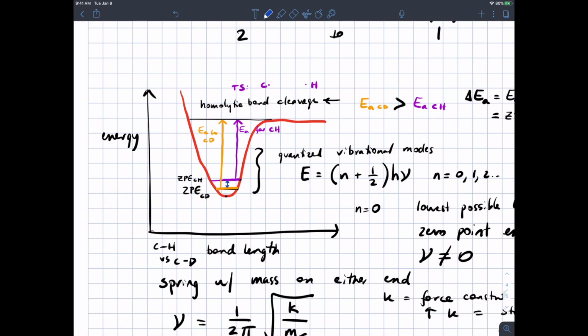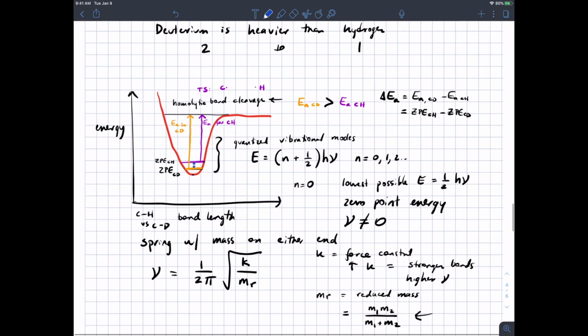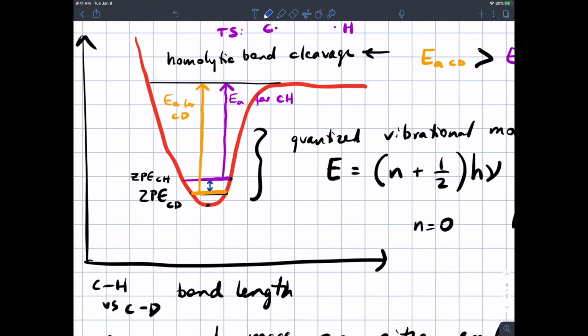So let's talk about how that affects reaction rate. Bond breaking for a CH bond should be faster or slower than bond breaking for a CD bond? Faster, right? Faster by an amount that relates to this energy difference.